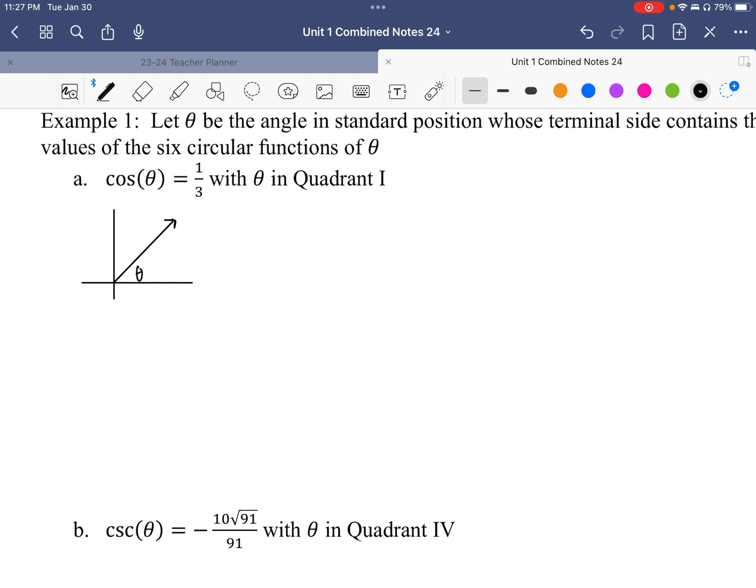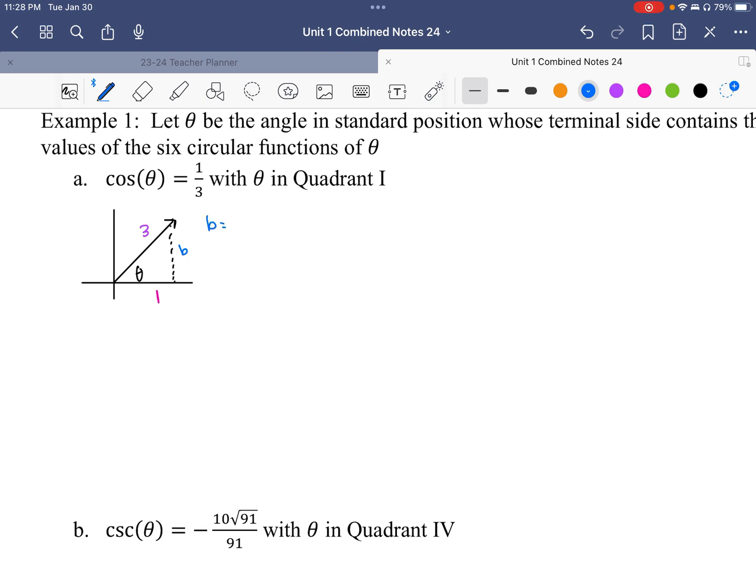So that puts theta here. Okay. And if cosine is 1/3, that is telling us that our adjacent side is 1 and our hypotenuse is 3. Okay. And then this is the one I don't actually know, and I'm going to call it B because A, B, and C. Okay.